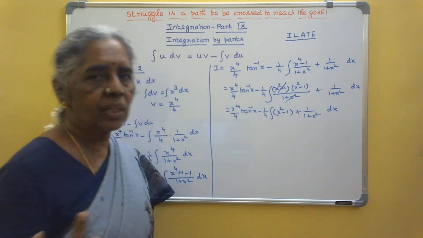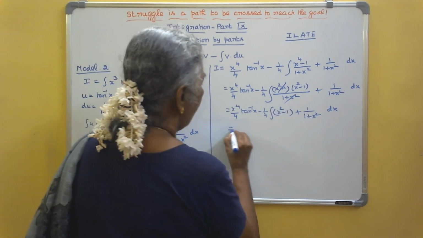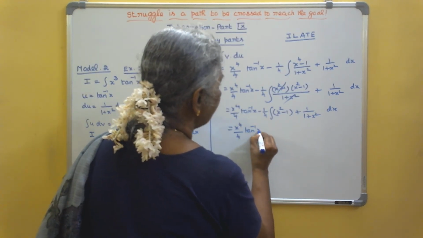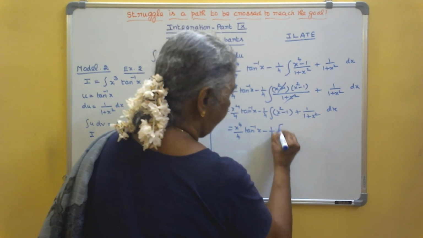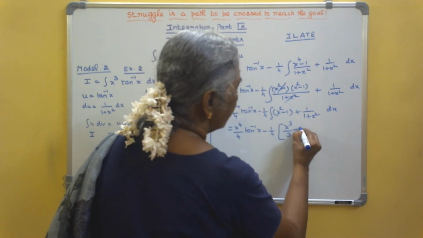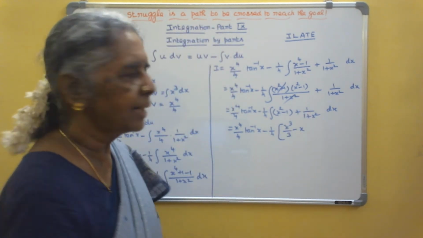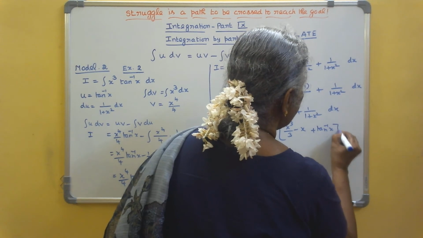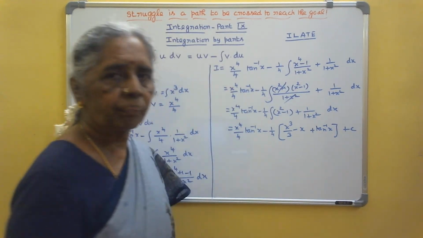Now it is very easy for me to integrate. So I will write x power 4 by 4 tan inverse x minus 1 by 4. For x squared you will get x cubed by 3. For that 1 you will get x. Then here you will get tan inverse x. Then plus c. Right?